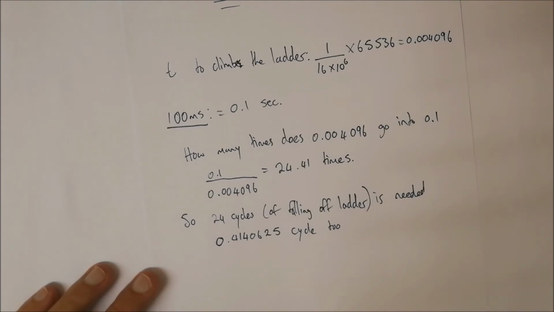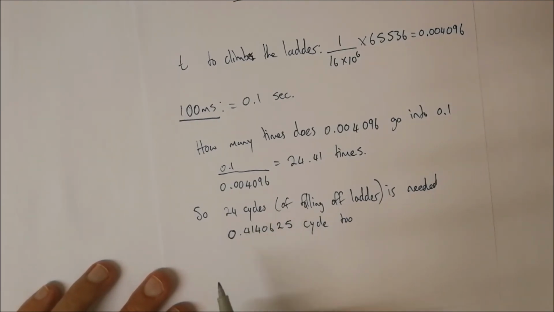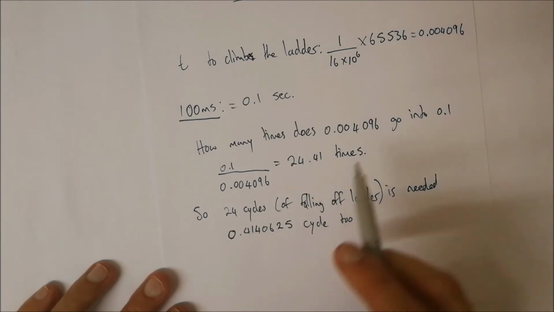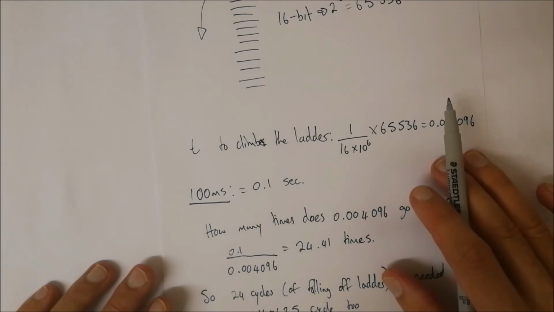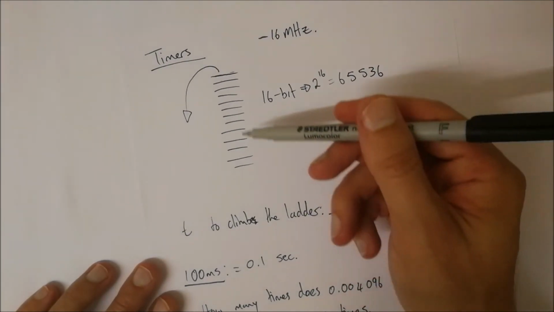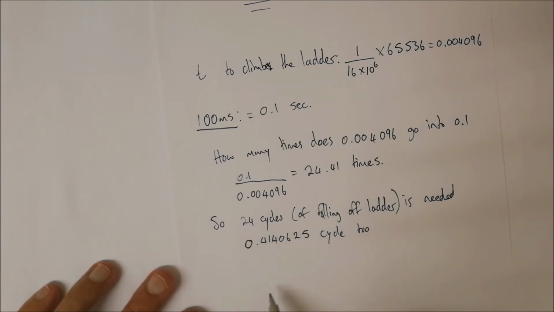Okay, so to do this, we take this number and we see what fraction of that 65536 it would be. In other words, how many steps would it take for this fraction of a cycle to happen?